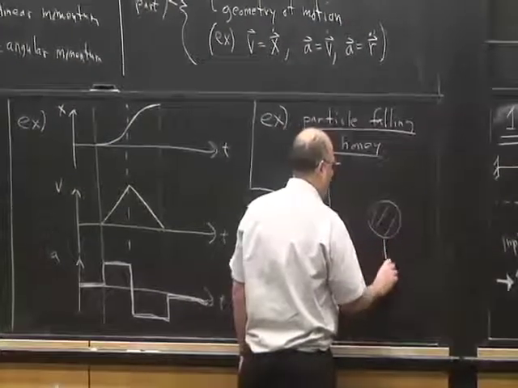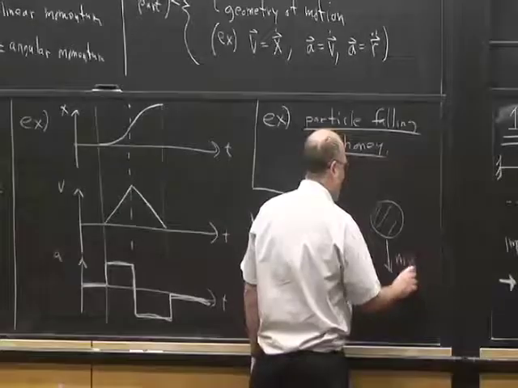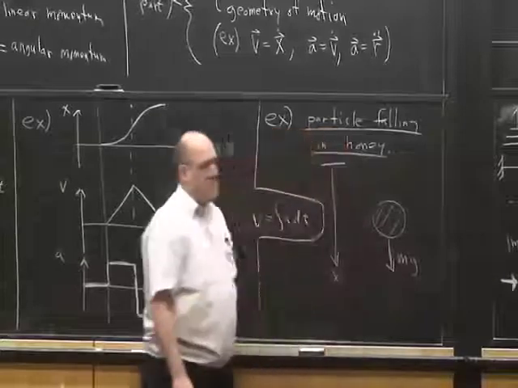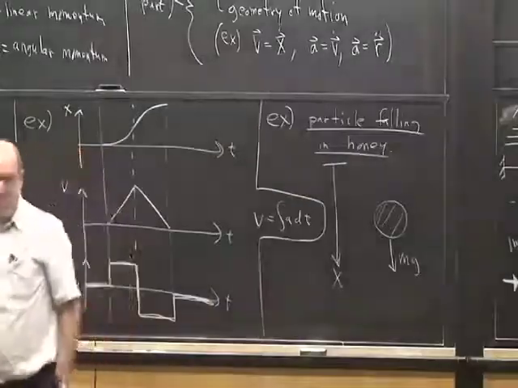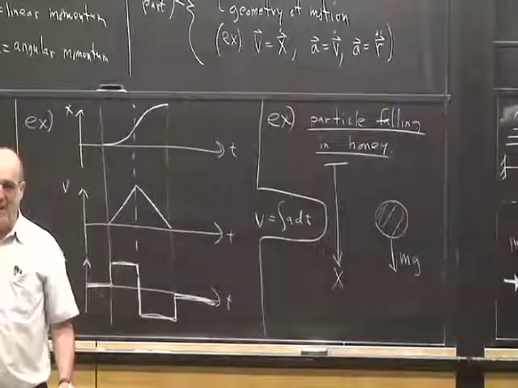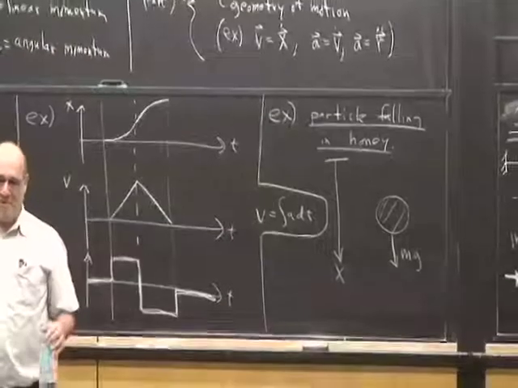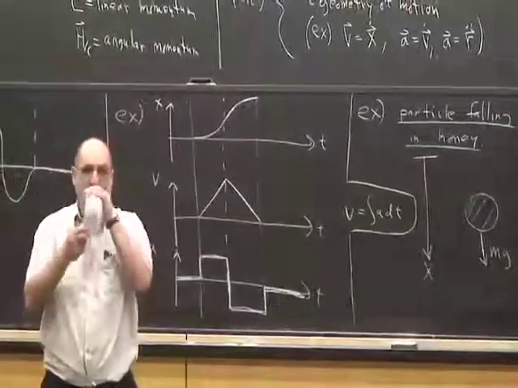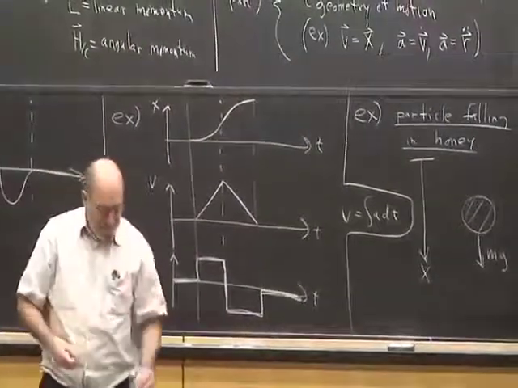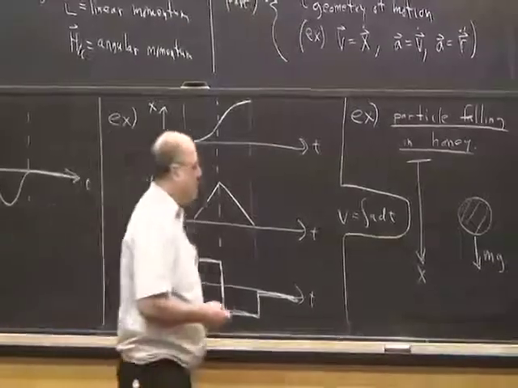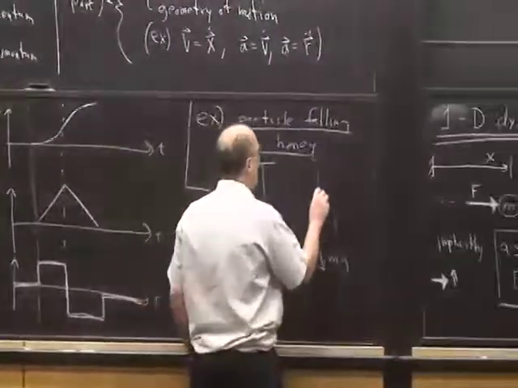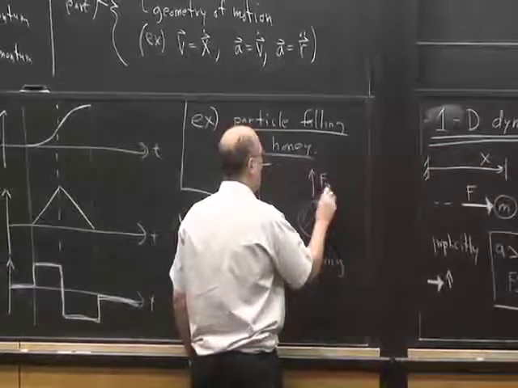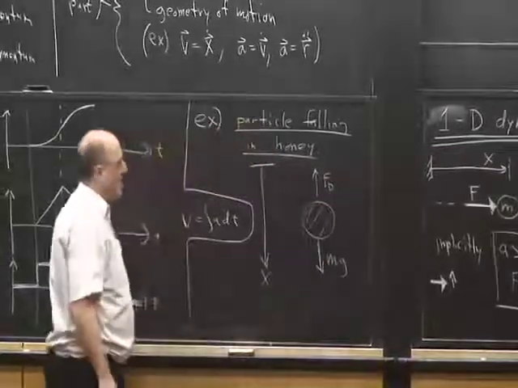We have a force on this thing which is mg. And where I write mg there, that's really a proxy for the total weight minus the buoyant force. If I wanted, I could put the total weight and subtract the buoyant force, if I was being very careful. And then we have a force of drag on this thing, which is slowing it down like this.